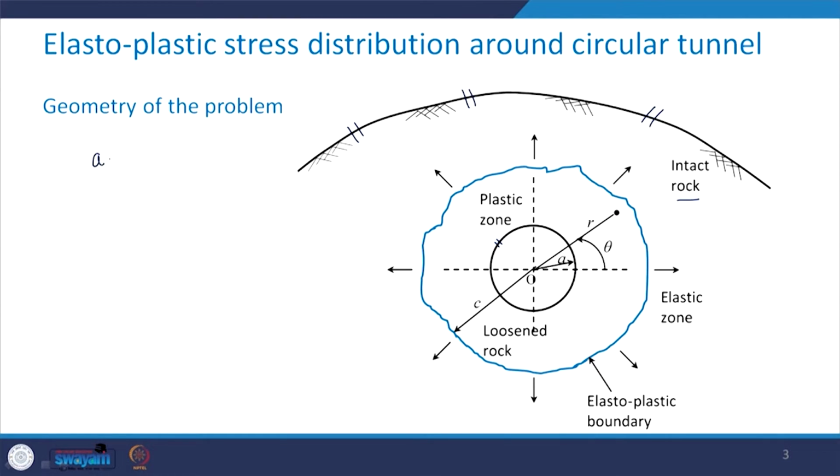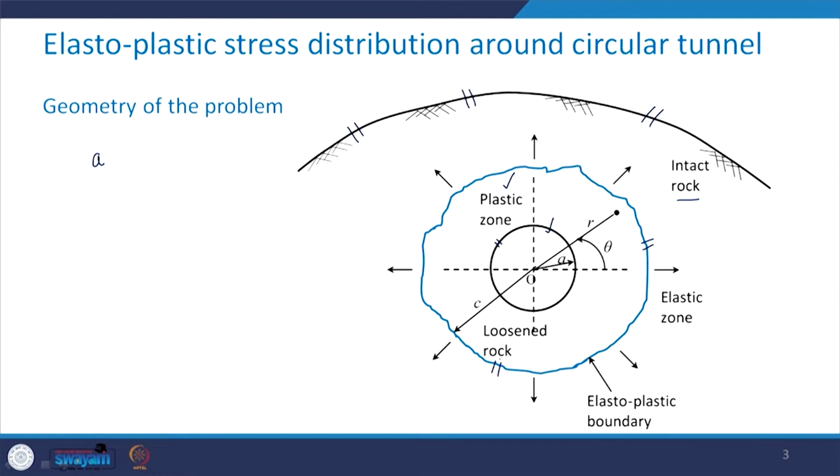Then, because of the nature of this rock, there is a plastic zone all around this cavity, which is the circular tunnel, and that has been represented by this blue colored curve. It has been assumed to be more or less circular.